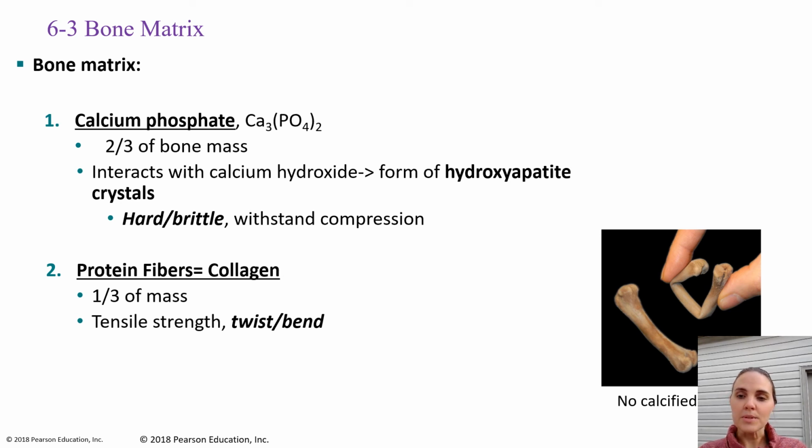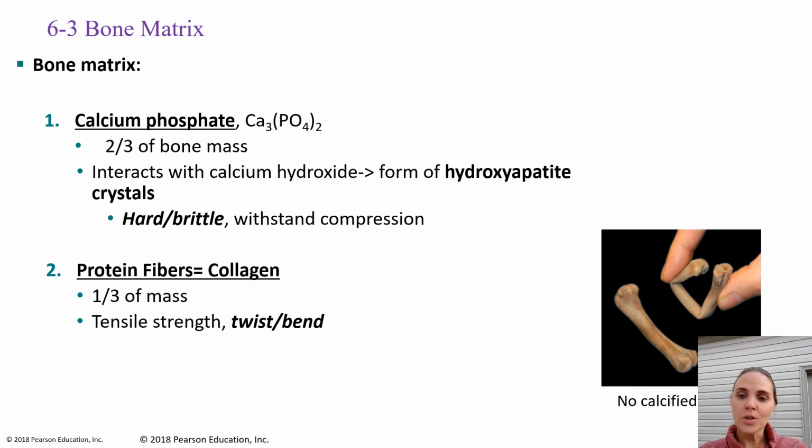Normally I bring some bones into lab that I've done this with, but you can kind of simulate what would happen with these diseases. If you have some leftover chicken bones from cooking, you can take one bone and put it into a container of vinegar for several days.